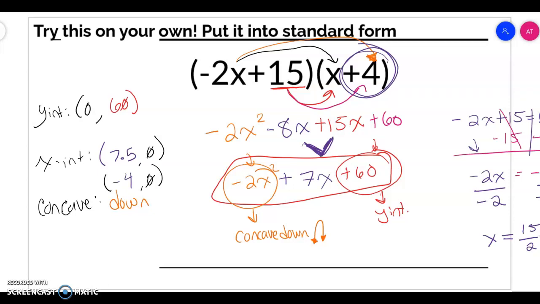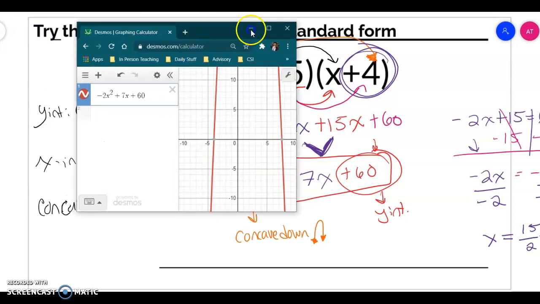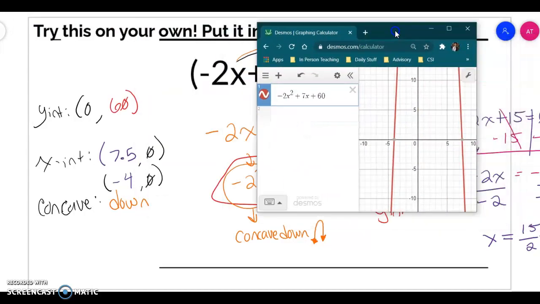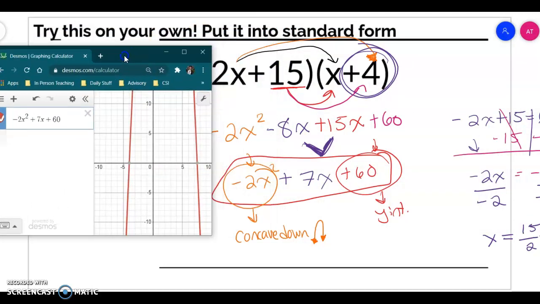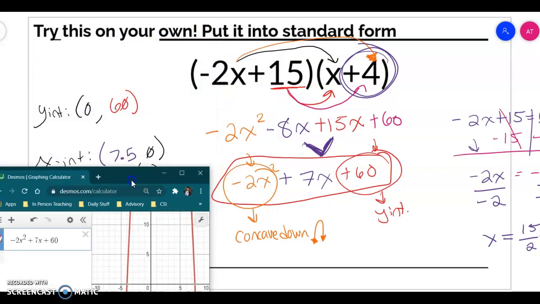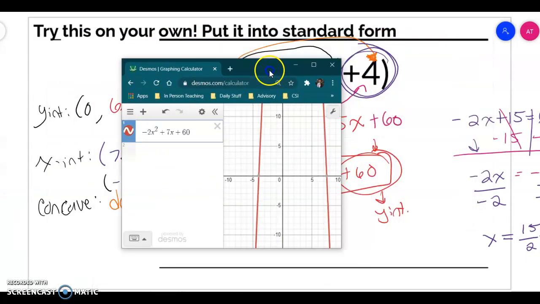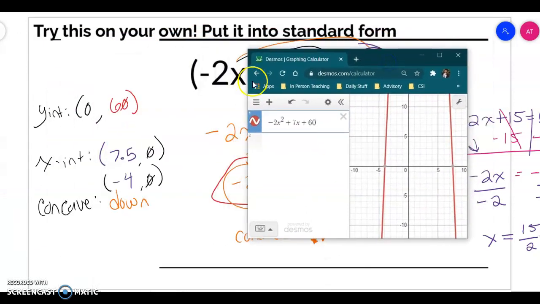And I can show you on Desmos. What's super great about Desmos is that I can actually enter in our standard form or even our factored form and get the parabola. So to compare, I wrote the equation in here, and I'll just move it over here so we can compare our x-intercepts. If you click here, here's our x-intercept where it hits the x-axis.